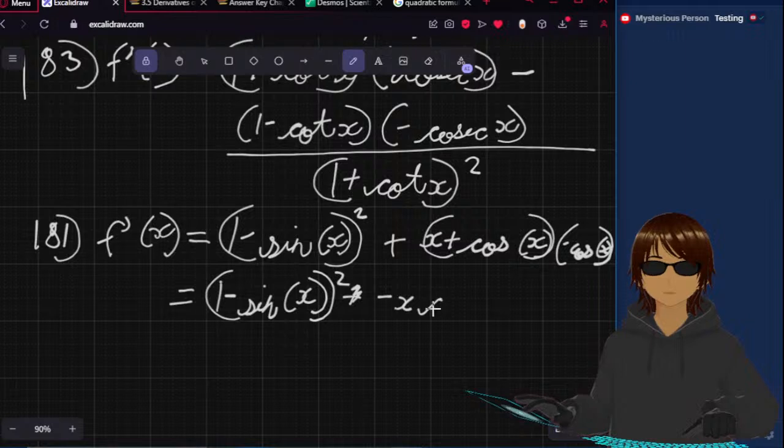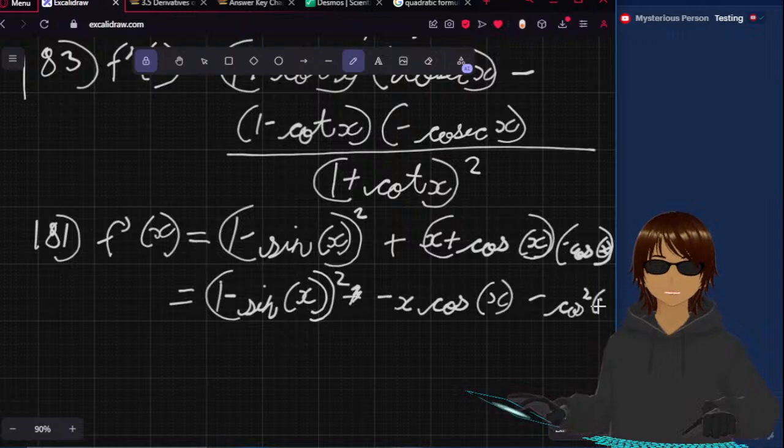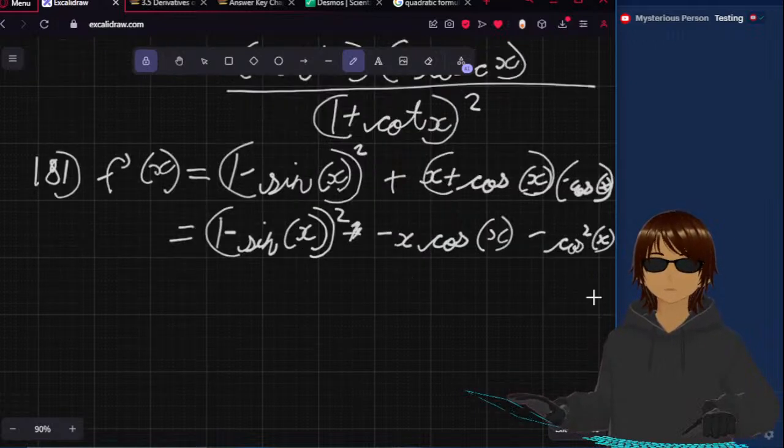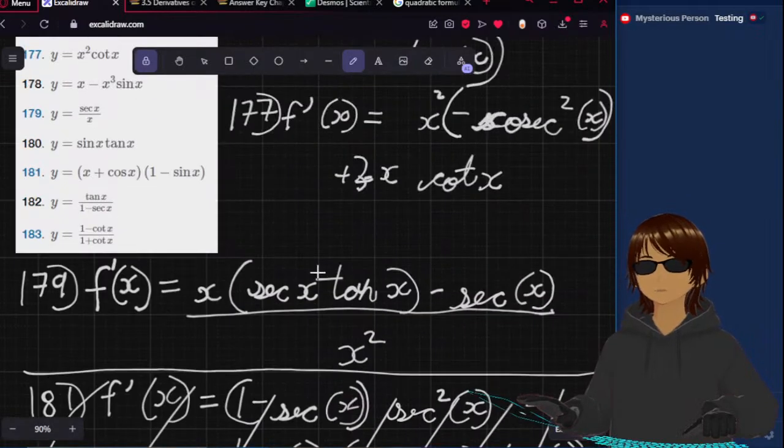Minus x cos x minus square x. Should I simplify further?